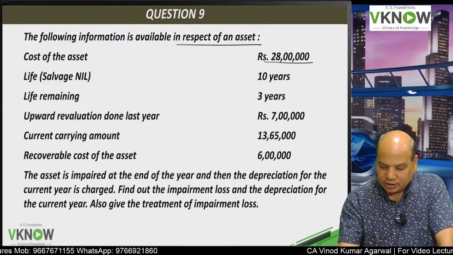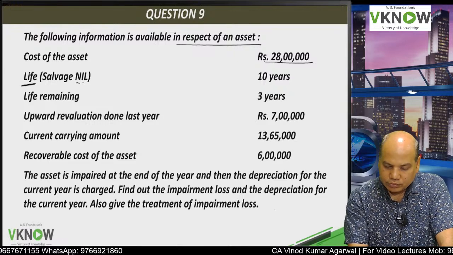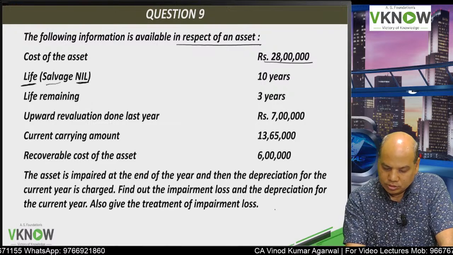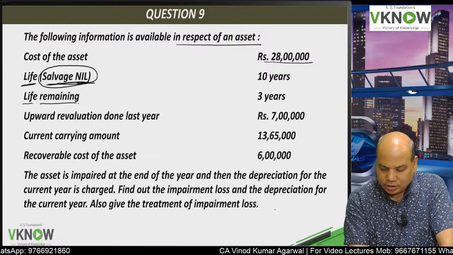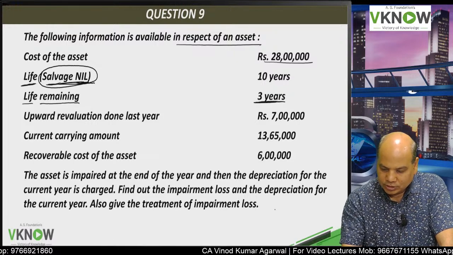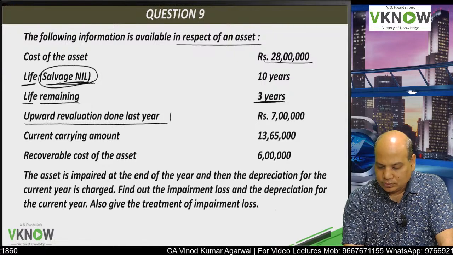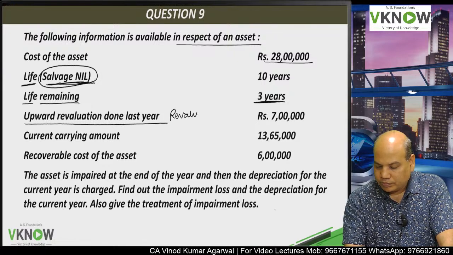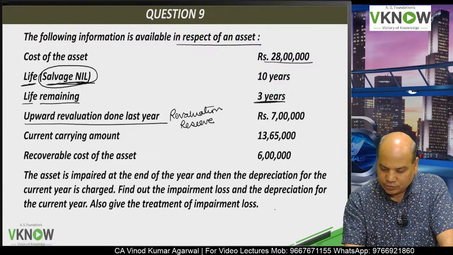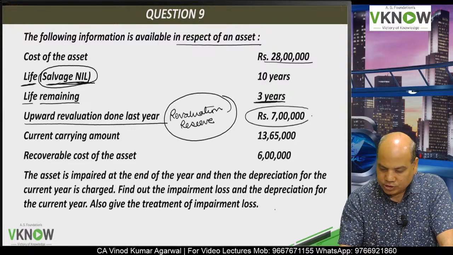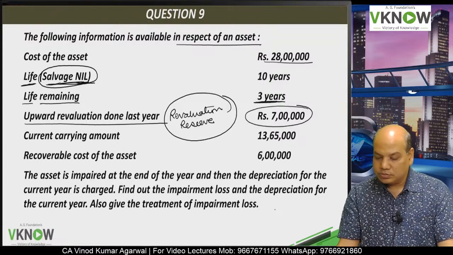Cost 28 lakh, life 10 years, salvage nil, no salvage value, life remaining 3 years. Upward revaluation was done last year. So there is a balance in revaluation reserve equal to 7 lakh.